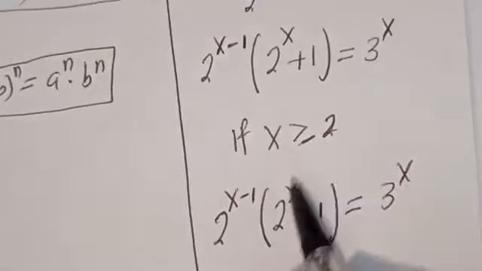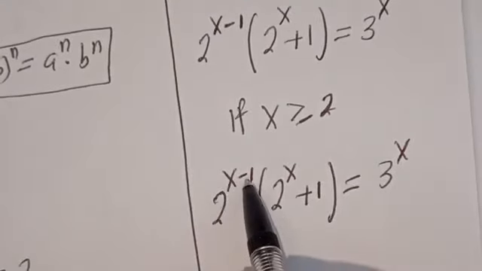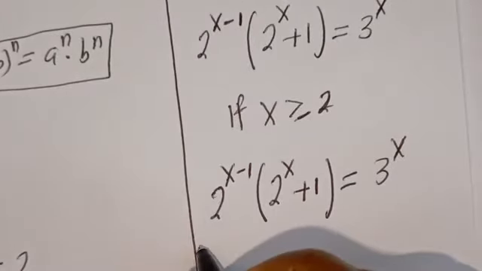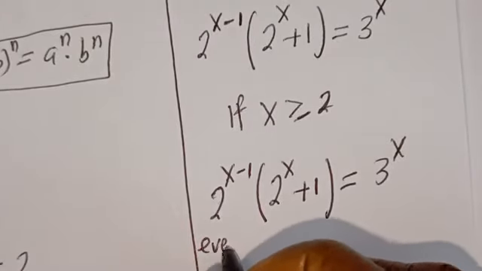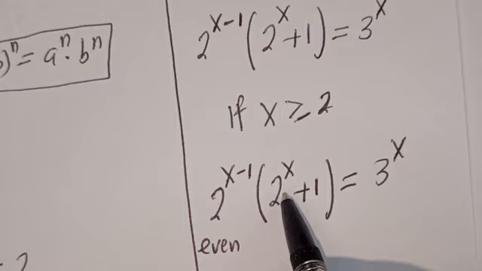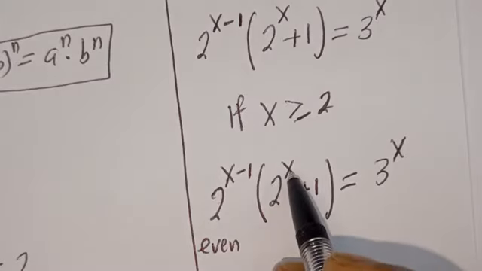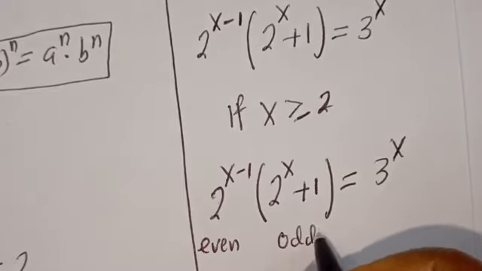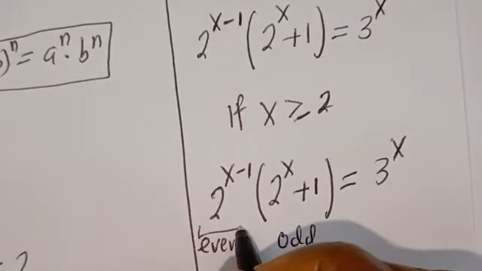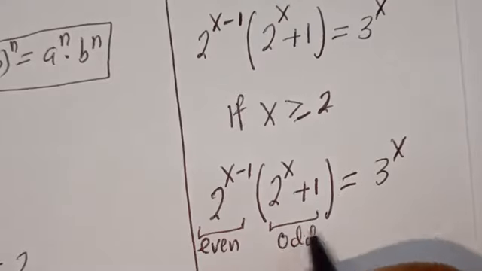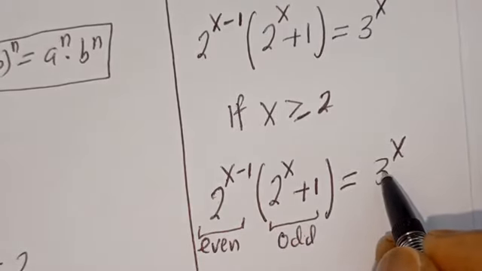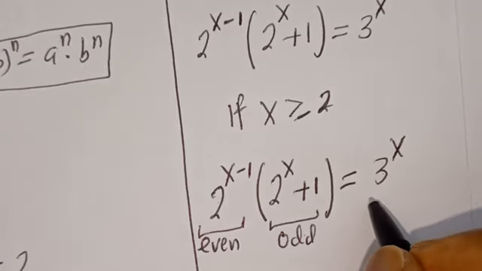And if x is equal to 2, here we have 2 to the power of 2 minus 1, that is 2 to the power of 1, which is 2. Here is even. And then here, if x is equal to 2, we have 2 to the power of 2, that is 4, plus 1, 5. Here is odd. This is odd. And here, if x is 2, we have 3 to the power of 2, that is 9. This is odd.